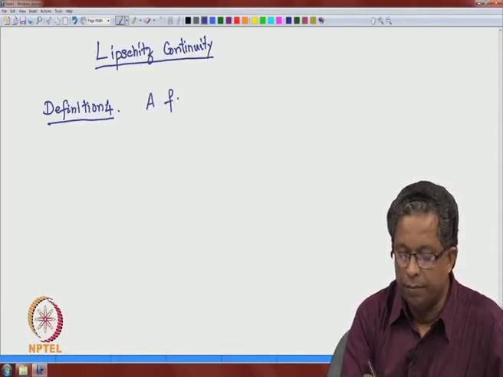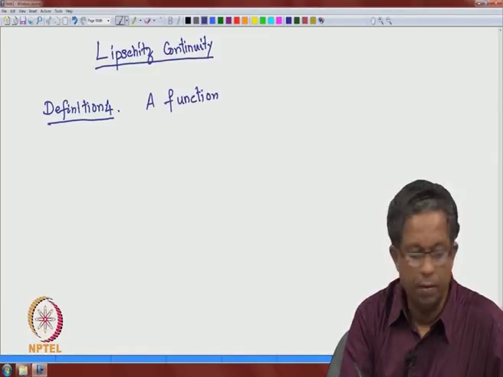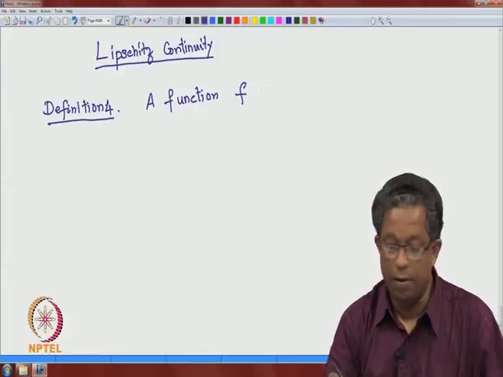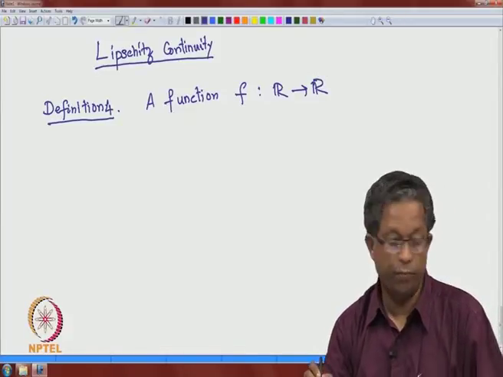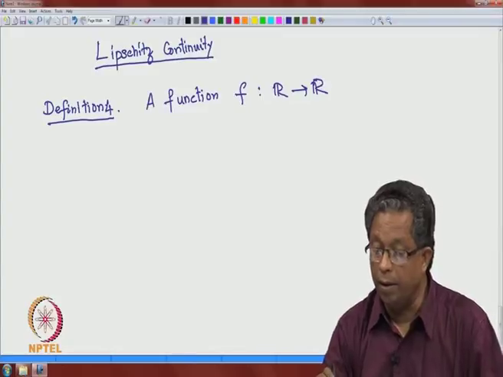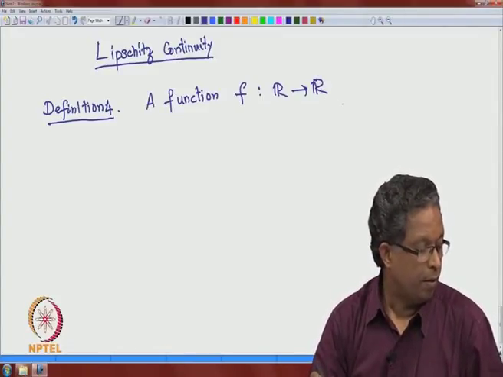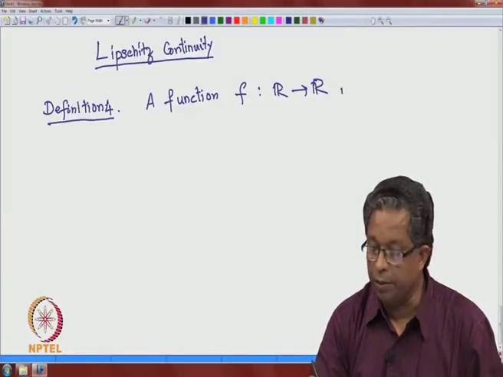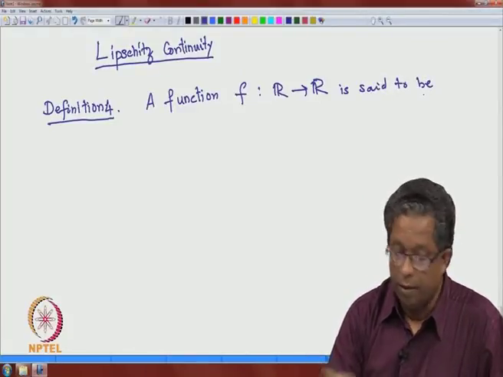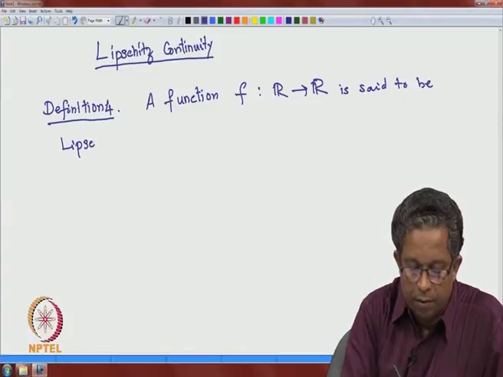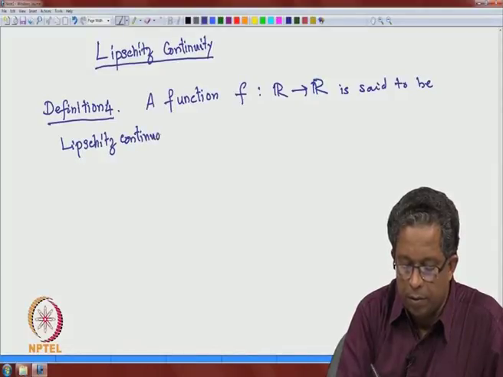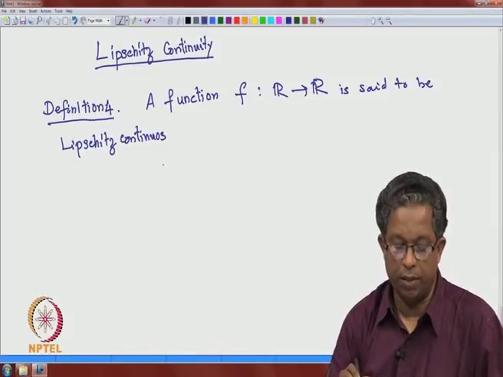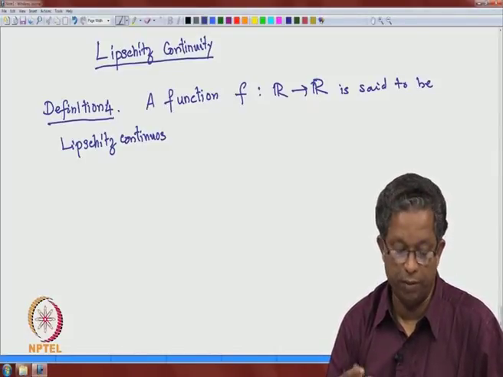A function f from R to R, a real valued function with domain the real space, is said to be Lipschitz continuous, also known as f satisfies a Lipschitz condition.